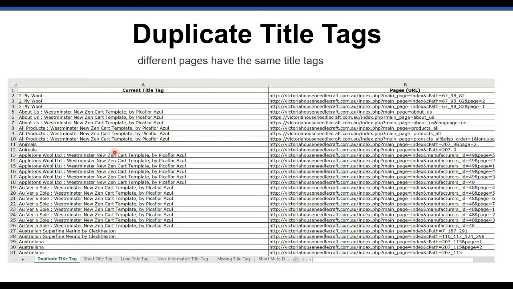The title tags are duplicates of the others. Just like this one, there are three of the same wool title tags. So we have to optimize that. We have to make a unique title tag for each page or each URL.